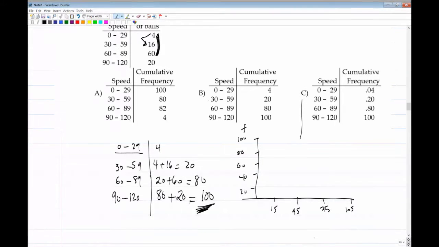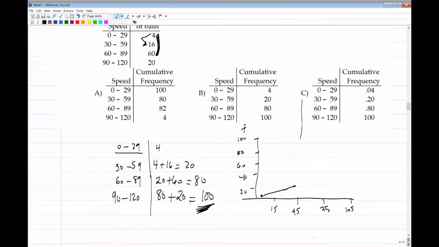So you can see very clearly the first class, between 0 to 29, we have 4, which is very small, very close to the x-axis. And then the next class will be 20, which is right here.